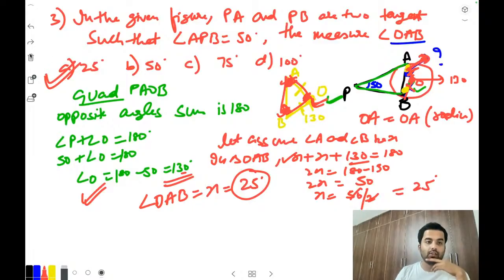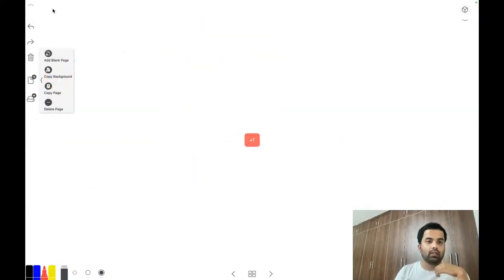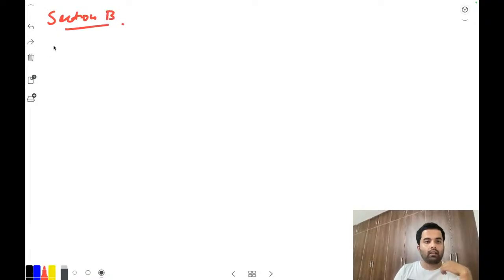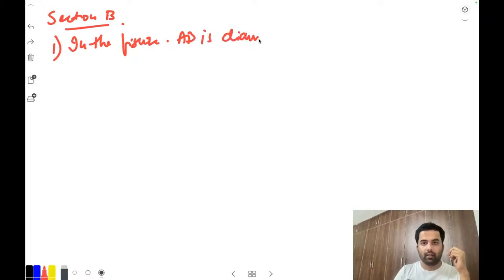Question number, section B now. Section B, first one. In the figure, AB is the diameter. We'll draw the diagram for this, okay? The diagram is provided. Diameter of circle.